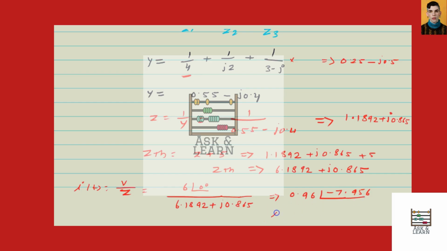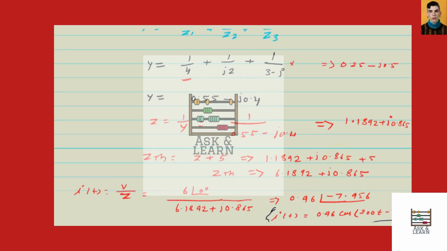Written in the time domain, I of t equals 0.96 magnitude, cos, with the phase relative to the input voltage source, 200t minus 7.956.